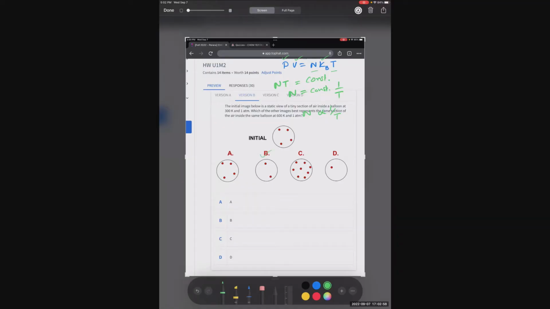For the people who are mathematically oriented, we can do it this way as well. We have the initial state, N1 particles, which is inversely proportional to the initial temperature T1.